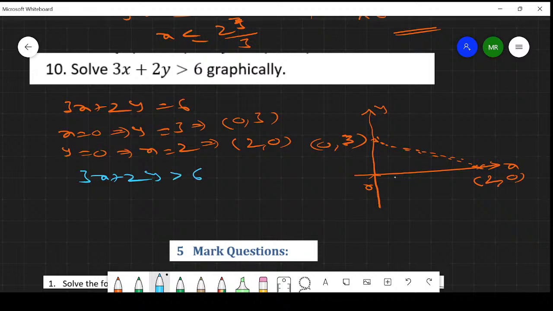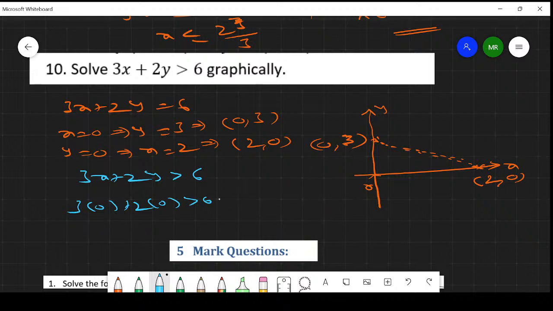Substitute the origin: 3 into 0, 2 into 0 greater than 6. It comes 0 greater than 6. 0 greater than 6 is false, we know that, right?